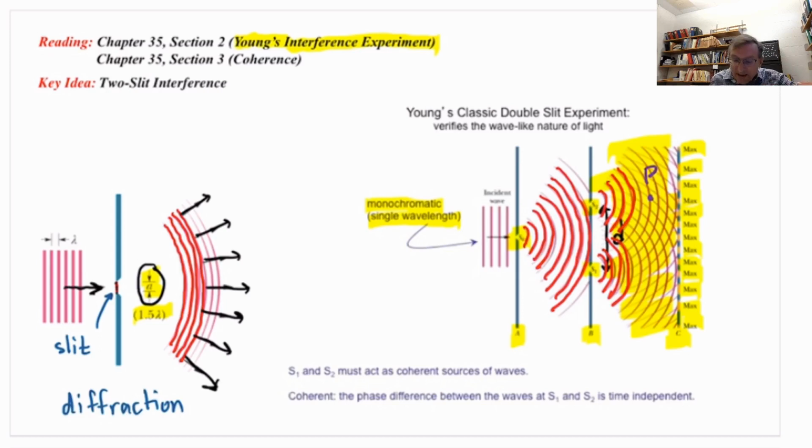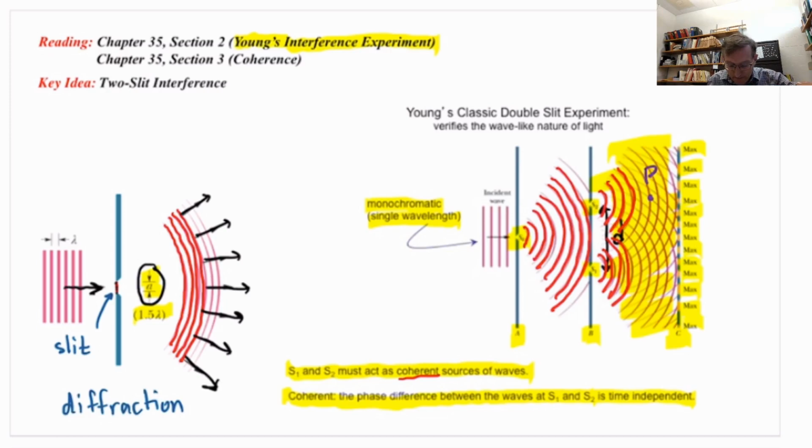And it must be the case that S1 and S2 act as what are called coherent sources of the light waves. What does that word coherent mean? It means the phase difference between the waves that are emanating from S1 and S2 must be always the same.